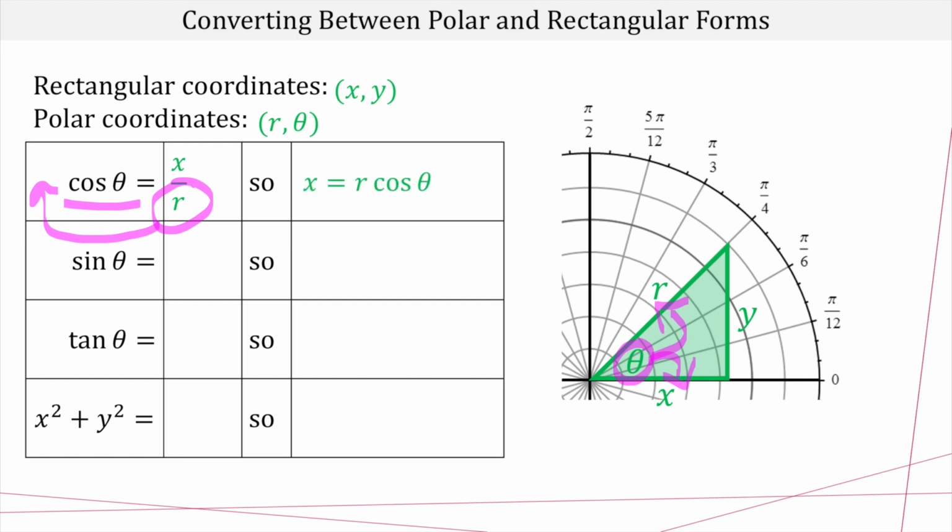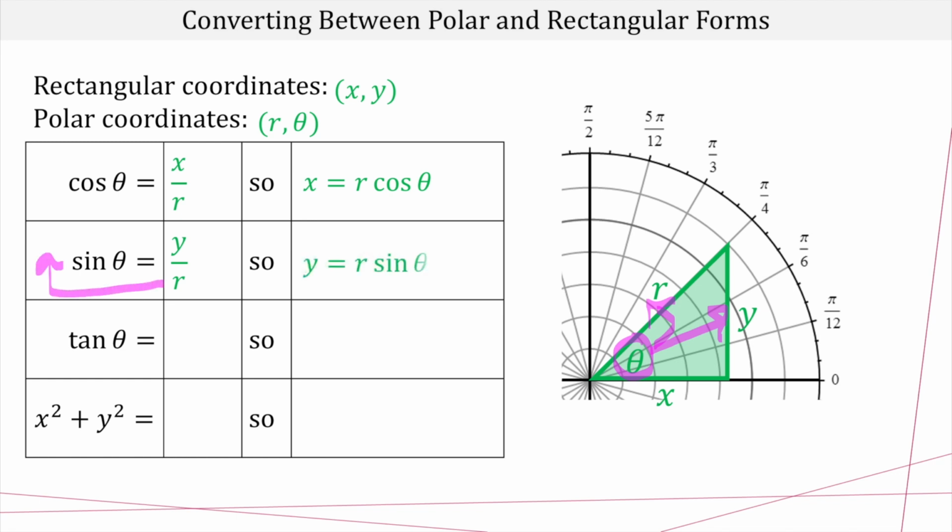I know that x equals r cosine theta. Well, we can do the same thing to figure out what y equals. So from the perspective of theta, sine of theta is opposite over hypotenuse. So that's y over r. And if I multiply the r over, I know that y equals r sine theta.